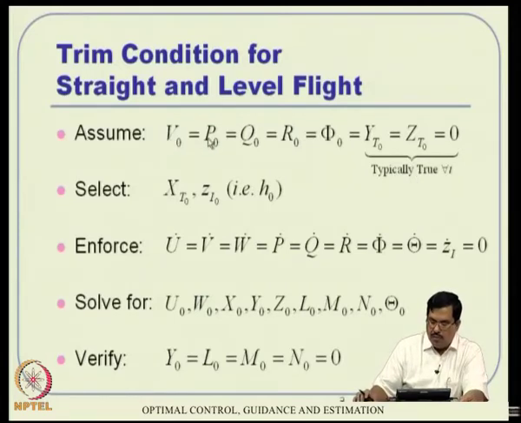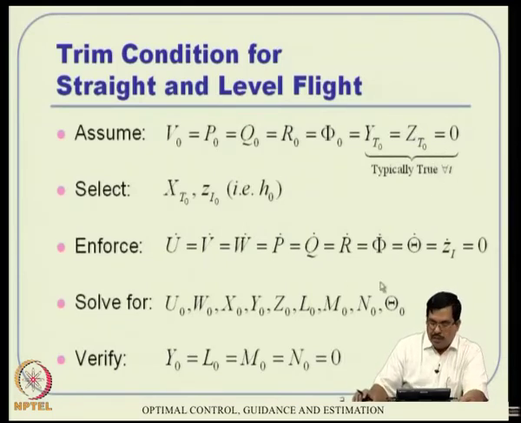All these V0 and P0, Q0, R0, which are rotational rates, are zero. V0 is the velocity component along body Y. These quantities are all 0, and the forces in the y and z direction coming out of thrust are also typically 0 for all time. Thrust does not contribute any body y and z component, especially in commercial flights.